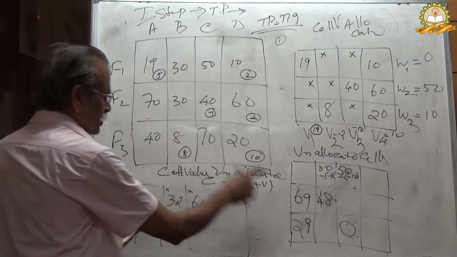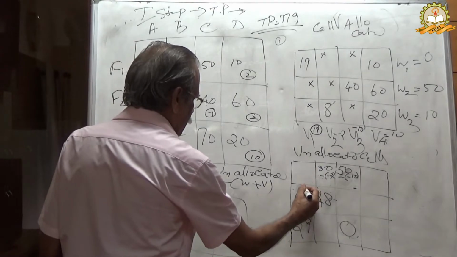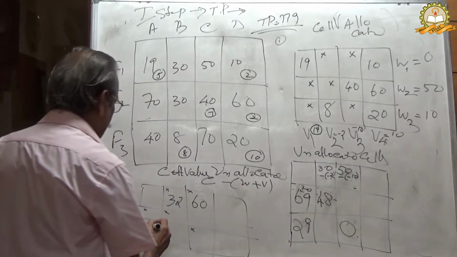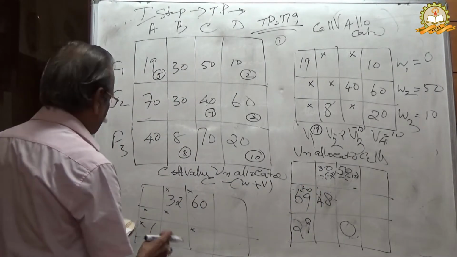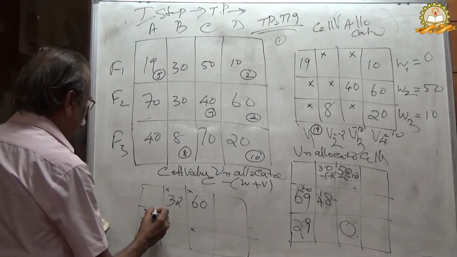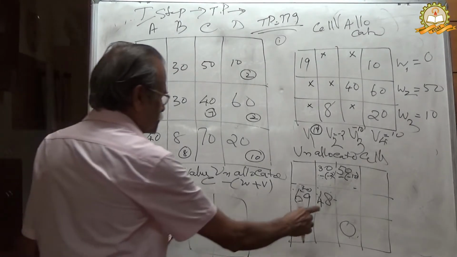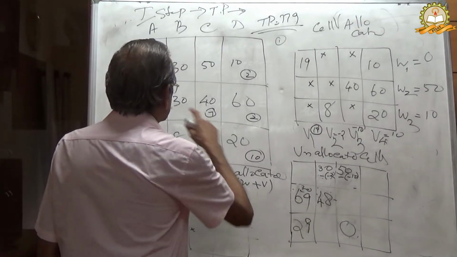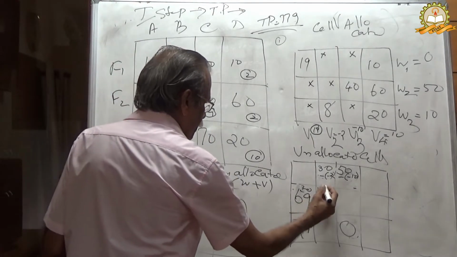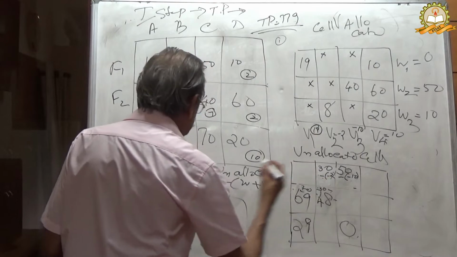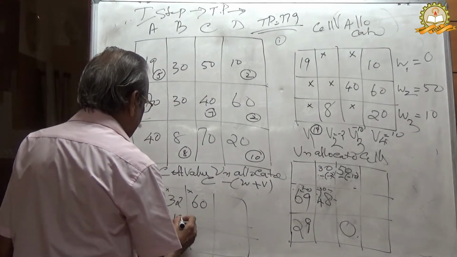Then again, here it is 70 minus 60, 1. Oh, sorry, before, 1. In the second one, you have 30 minus 48, negative 18.